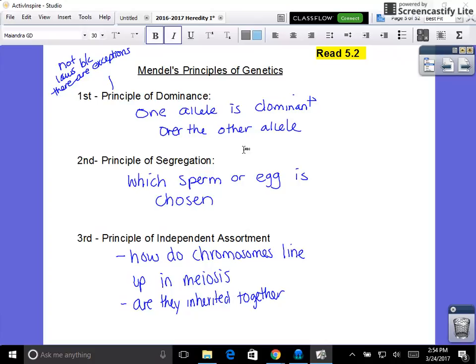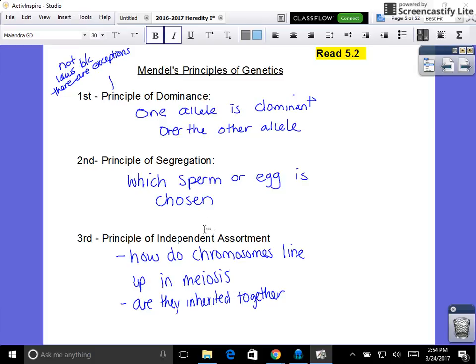So here are Mendel's principles, and they're not laws because there are exceptions to them, and reading more about this in 5.2 is helpful. The first one is the principle of dominance. One allele is dominant over the other. The second, principle of segregation, is which sperm or egg is chosen. Basically, the alleles that the original cell has when it's going to become a sperm, those chromosomes are going to separate to become haploid.